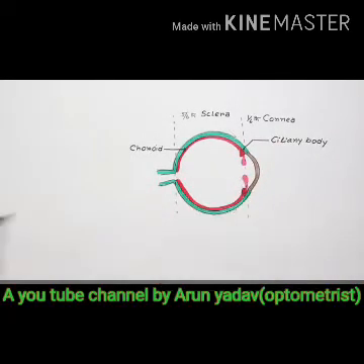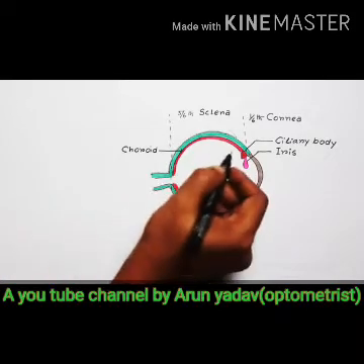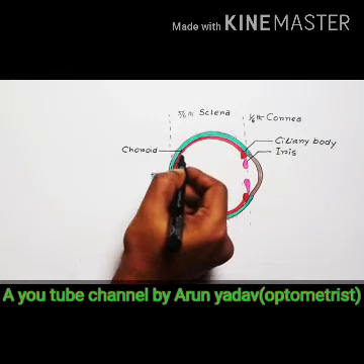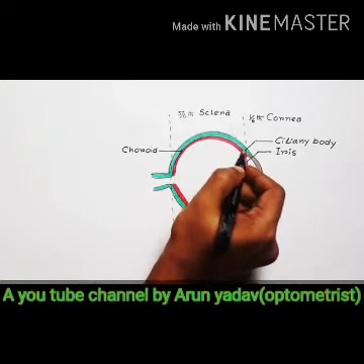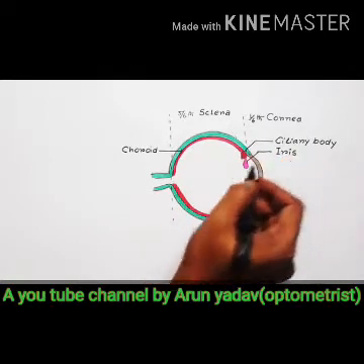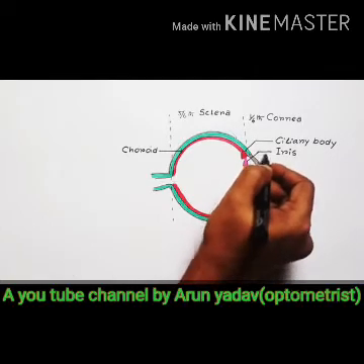And just in the middle of the ciliary body, there is a vascular diaphragm. This is called the iris. So the posterior-most part of the middle layer is called the choroid, and the anterior triangle-shaped thickened area is called the ciliary body. And in the middle of the ciliary body, there is a vascular diaphragm which is called the iris.